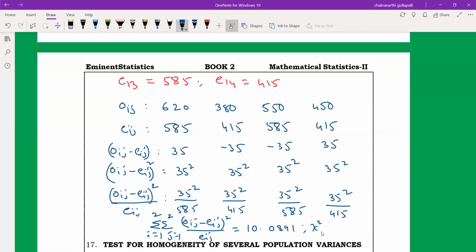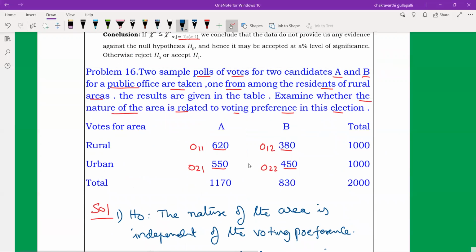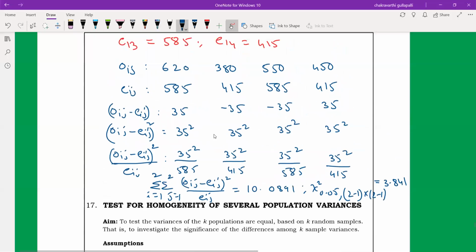Chi-square table value at 5% level: how many rows are there here? 2 rows, 2 columns. Degrees of freedom are number of rows minus 1 into number of columns minus 1, 2 minus 1 into 2 minus 1, that is 1 degree of freedom. The value is 3.841. Table values are provided in the book.